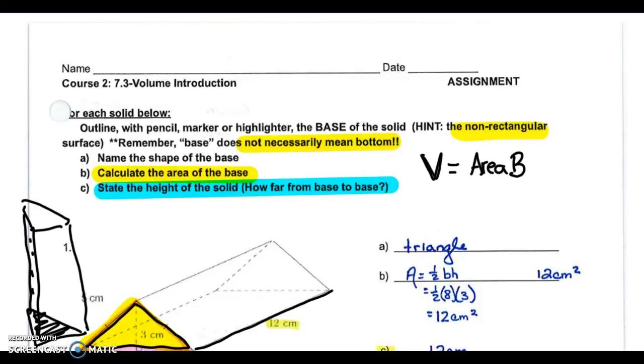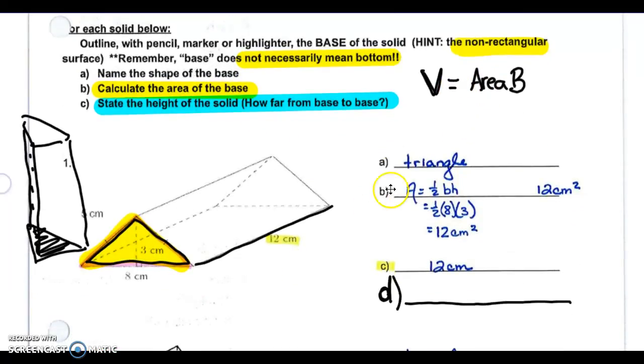So to keep it generic, you need to find the area of the base, like you did here in step B, and then you need to multiply that by the height of the prism, or the object that you're dealing with. So in other words, and we've practiced this with surface area as well, how long is the piece that connects the two bases?